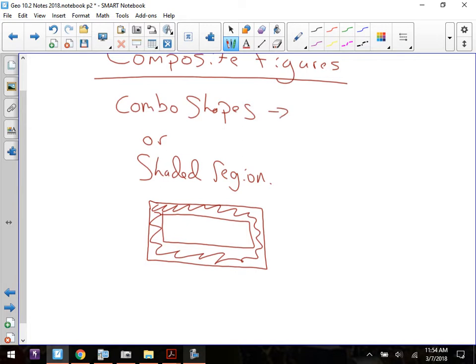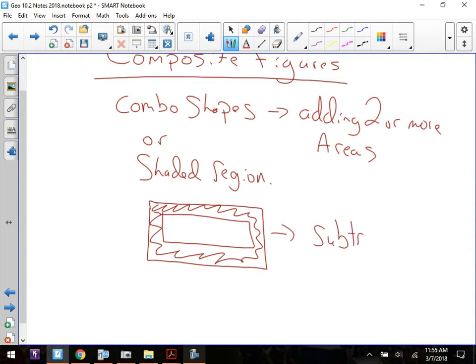Combo shapes are usually adding two shapes together, and then shaded regions are usually subtracting, hence why there's a hole cut out of something. I know that you've all done this, and it's not going to be overly crazy, to be honest with you.